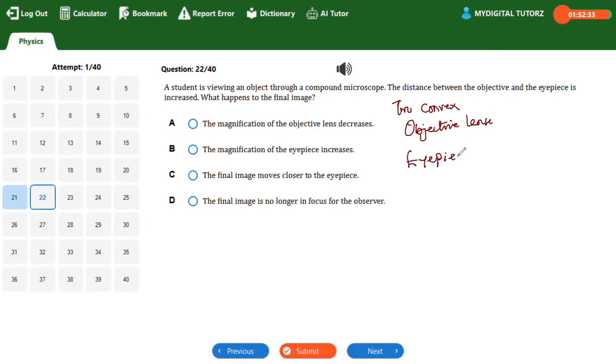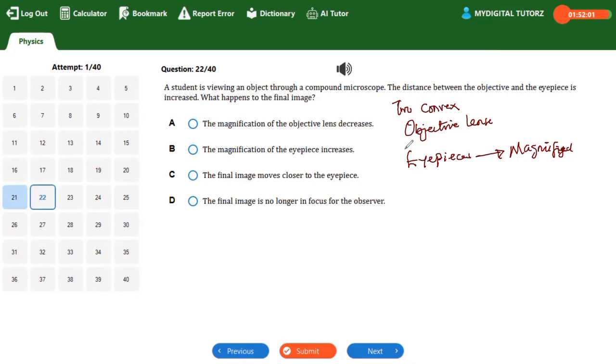The objective lens is the one that is close to the object, while the eyepiece serves like a magnifier, right? It's where the final image is formed. The objective has a smaller focal length, and the eyepiece has a relatively larger focal length. They are arranged in such a way to form what is known as a compound microscope.